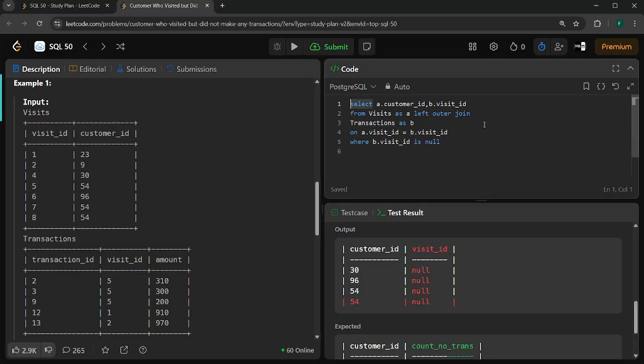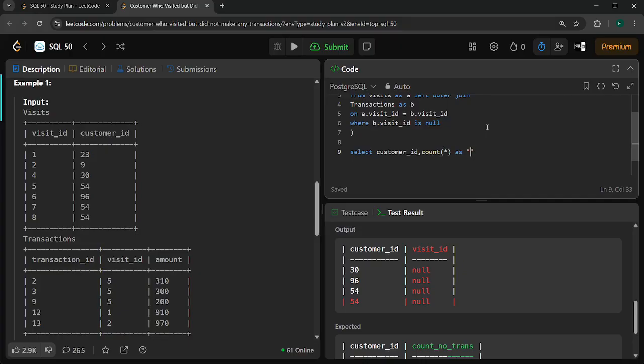Now what we can do is we can put this in a CTE to make it more presentable. So with CTE as, all right, now select customer ID, comma, count star, because I need to count how many of these visits they have made, right?